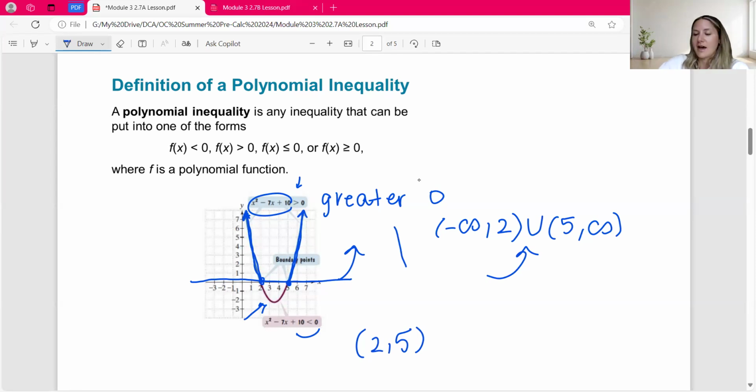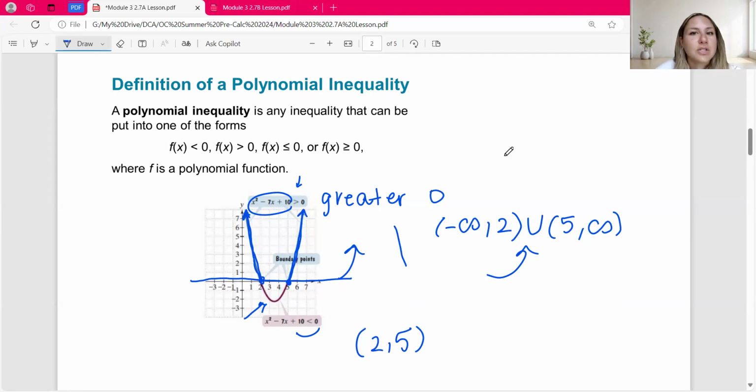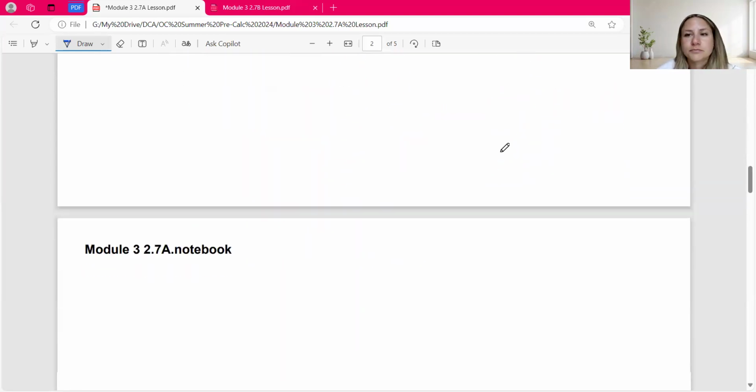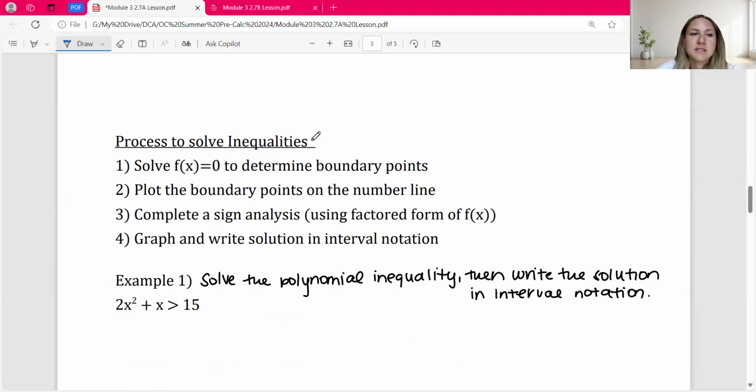And so on the next page here, let's scroll down. We have the steps on how we solve inequalities, and I'll give you a moment if you want to jot those down. How are we going to find that interval where this polynomial is less than 0, greater than 0, whatever?